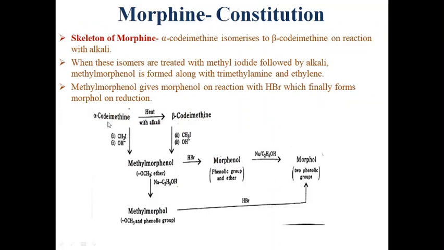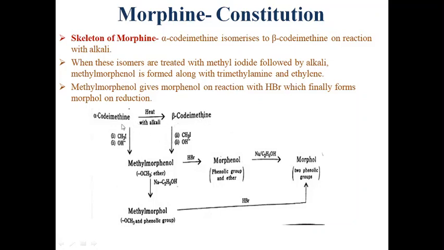Next is also the determination of the skeleton of morphine in process. Alpha-codimethine isomerizes to beta-codimethine on reaction with alkali. There is a flow chart of the reactions conducted for determining the structure of morphine. Alpha-codimethine on heating with alkali converts into beta-codimethine.